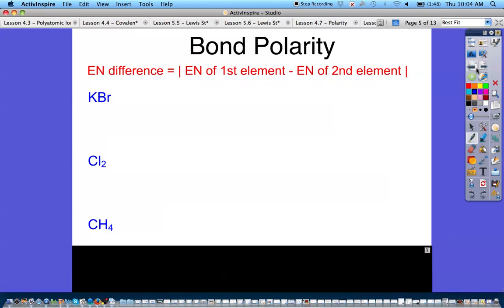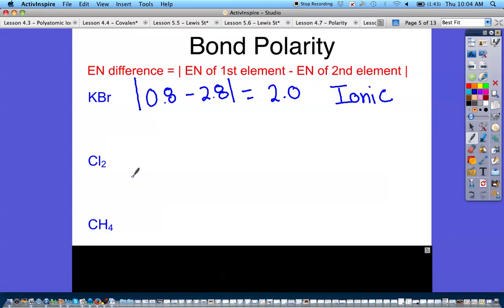So then I just gave you two elements, but if you have a compound, you can also find the electronegativity difference. So potassium has an electronegativity of 0.8, and bromine has an electronegativity of 2.8. This is going to give us a difference of 2.0. It's greater than 1.67, so this bond is going to be ionic.